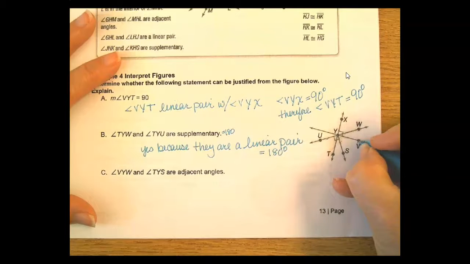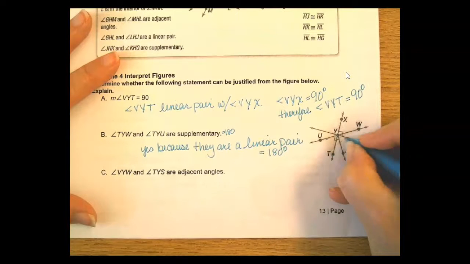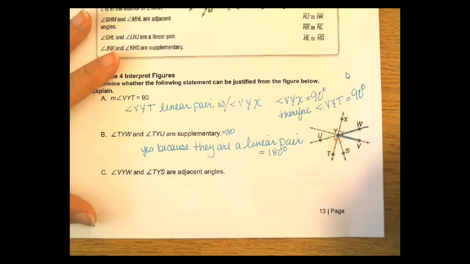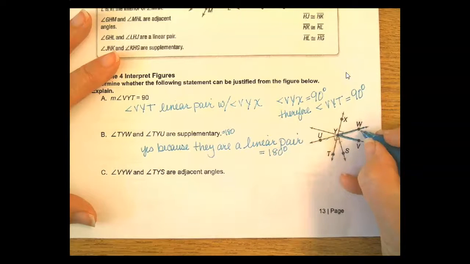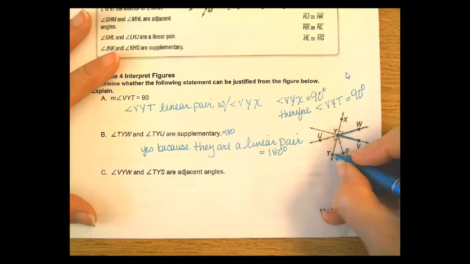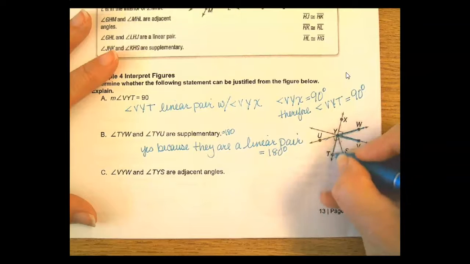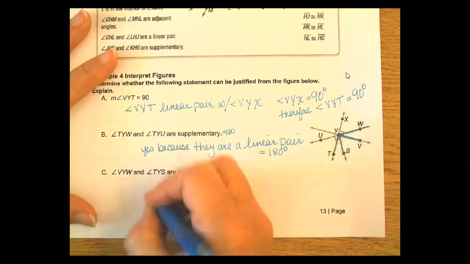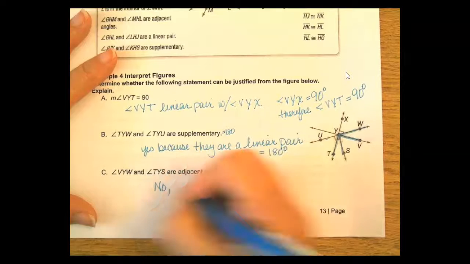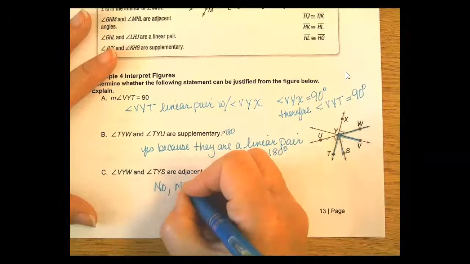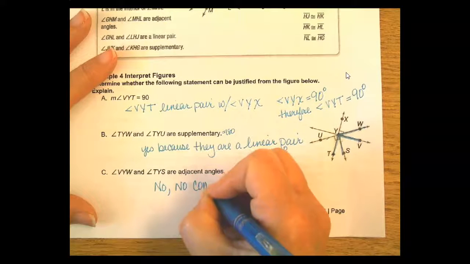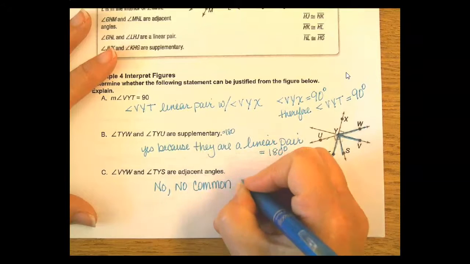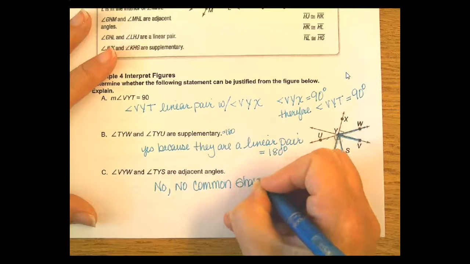So VYW, this is when your colored pencils or pencil that you can erase, VYW, and TYS. Are those adjacent? No. Why? There's no common shared side. I guess it means the same thing.